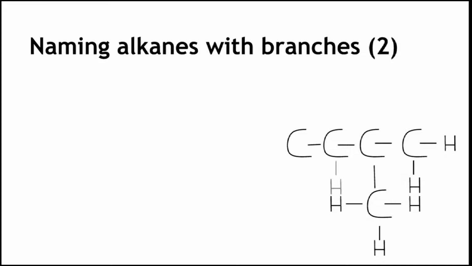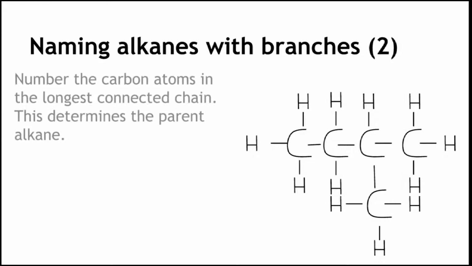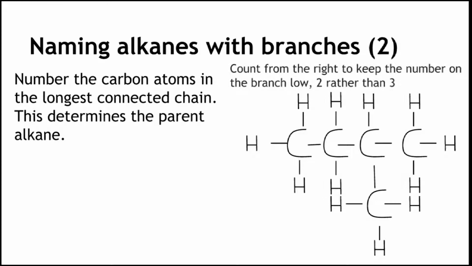Here's a warning for all numpties out there. Just watch how this molecule is built up and note that each carbon atom has got 4 bonds in it. If it doesn't have 4 bonds in it, you've got it wrong. Okay, so we look for the longest connected chain of carbon atoms to get the parent alkane.